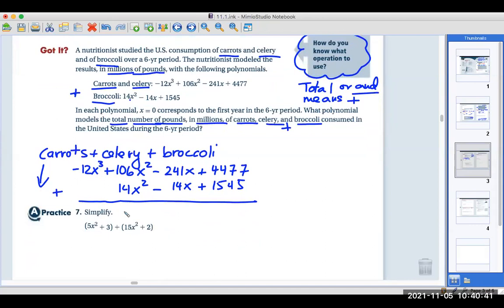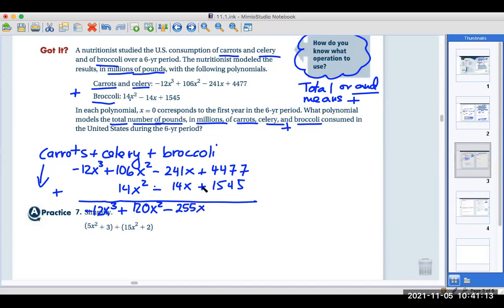So now you can add those. I'm just going to write over it. Negative 12x cubed. We have nothing to combine here. Plus 106 plus 14, 120x squared minus 241 plus negative 14, negative 255.